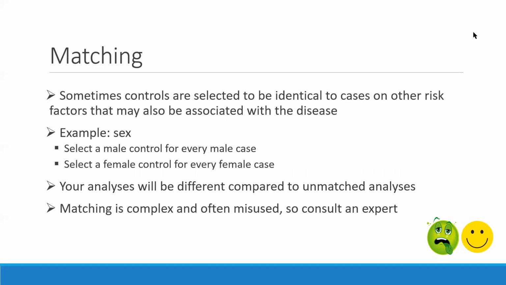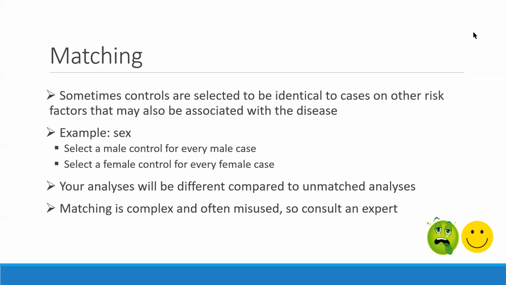So matching means that for each case with a particular characteristic, you find a control with the same characteristics. So for example, if one of your cases is female, you want a control that is female. If a case is a smoker, you want a control that is also a smoker, etc. Sometimes in reality, it's not that easy, but you can try and you can match by age groups.